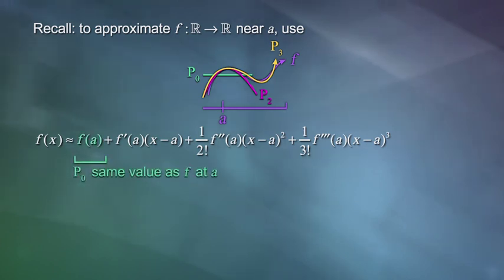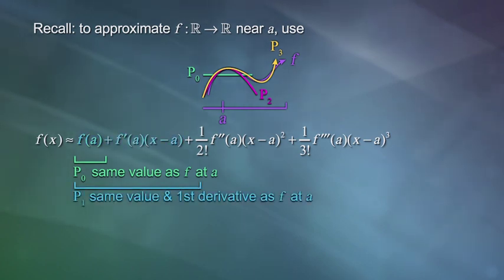So for instance, if you just take the first term, you get a constant function, often called p0. It shares the same value as f does at the point a, and then adopts that value as a constant value everywhere. If you take 2 terms, you get p1, which is the tangent line function that shares the same value and slope at a.